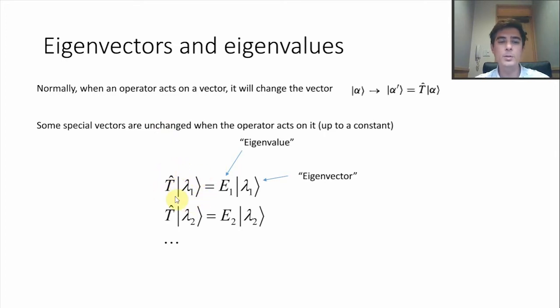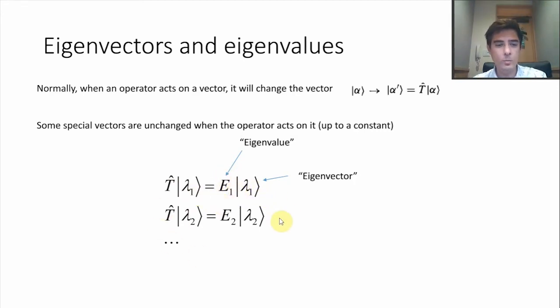And for example, here's a particular eigenvector. These are called eigenvectors, and these are unchanged up to some constant. So it basically gives the same vector, but it might be proportional to it. It's the same vector, but maybe it's elongated, or maybe it's shrunk. The scalar factor by which it elongates or shrinks the vector is the eigenvalue.